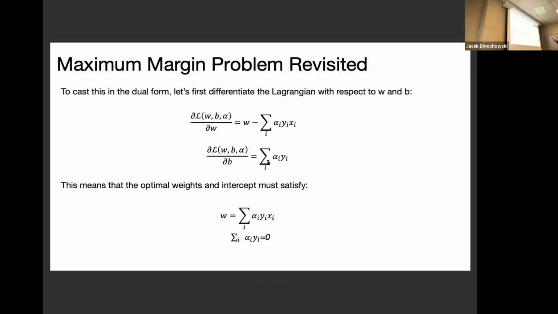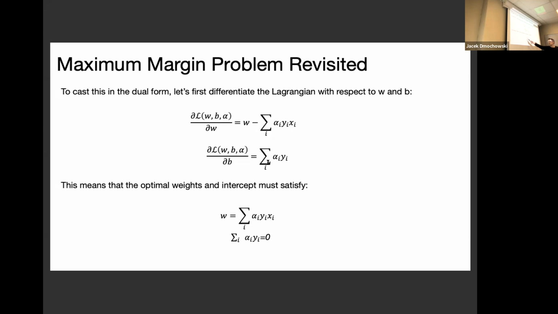If you differentiate that Lagrangian with respect to W, your hyperplane direction, and B, your offset, you get really nice simple equations. Both of these equations have to be set to 0.